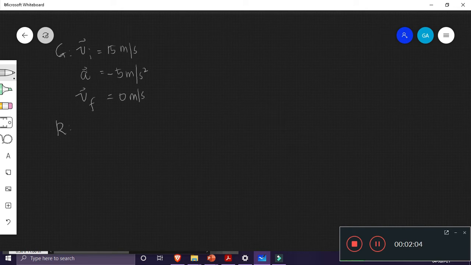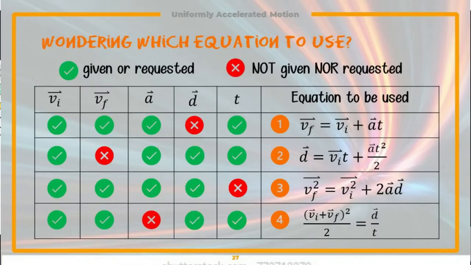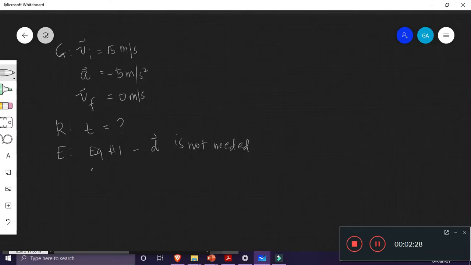Our required to find is the time it will take for it to stop. So, our equation, we will use equation number 1 since displacement is not needed. Okay? So that will be VF is equal to VI plus AT.